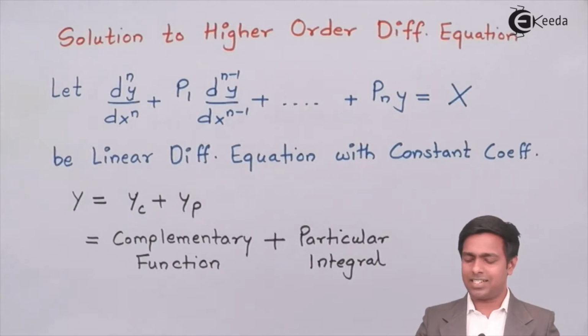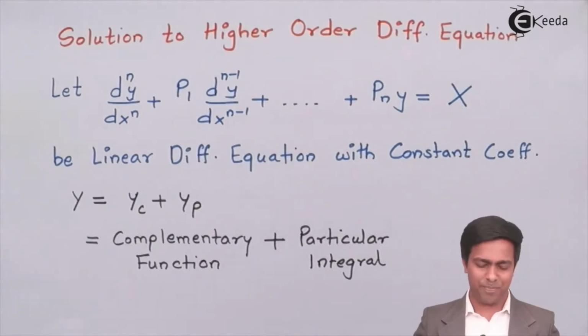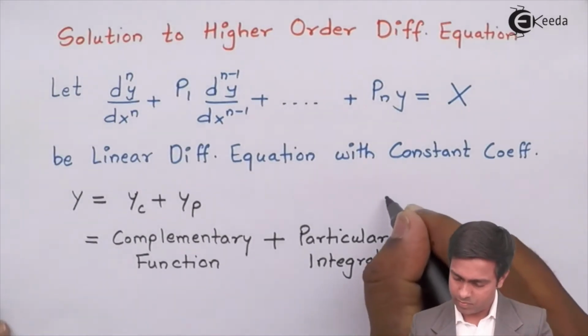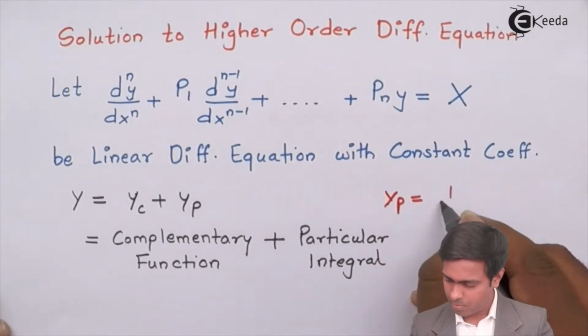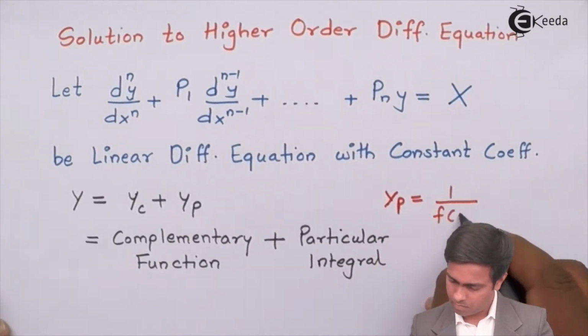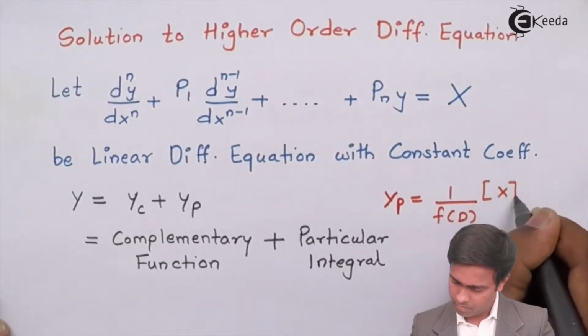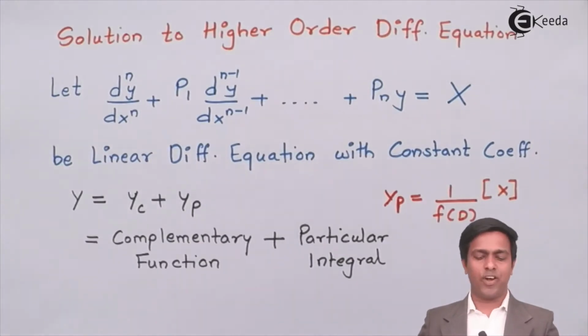So guys, let's understand how to find out the solution or how to find out the value of yp. So guys, this is the formula to find out the yp.